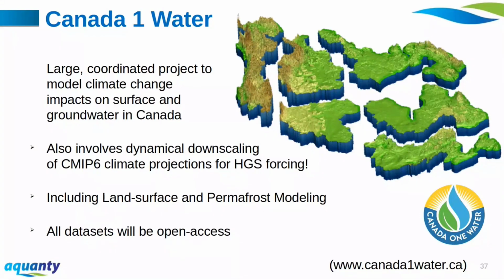And then the same climate scenarios will be available also for other people to do modeling with. And so you can use a climate scenario plus the predicted head from a large-scale model to do a small-scale analysis. So that's sort of the idea behind that. And we can, of course, help you with that.